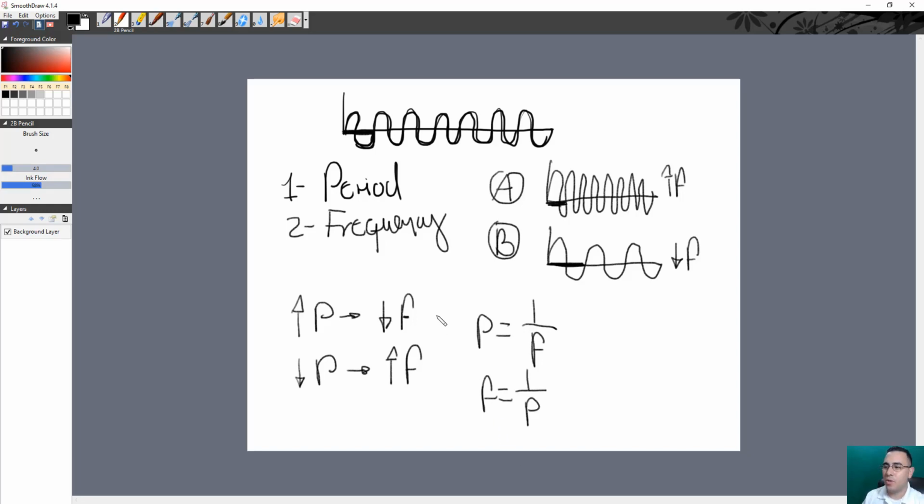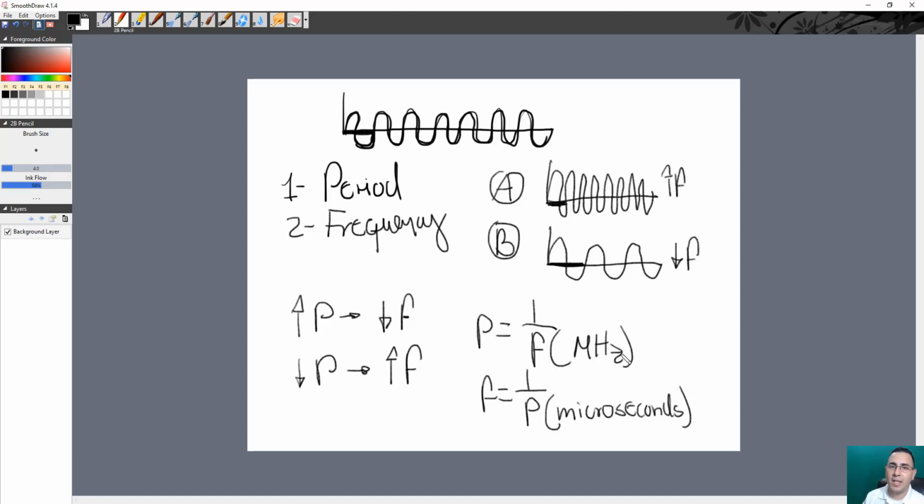The units that we use for the period are microseconds. And for frequency, we're going to use megahertz. So we're talking about many, many cycles in 1 second.